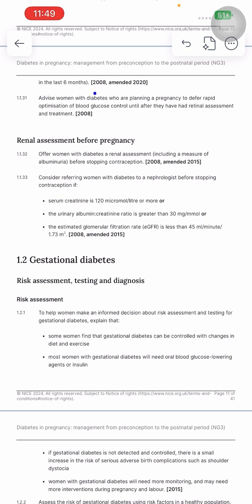If the patient had one less than 6 months ago, no need, and if more than 6 months, then you have to do the retinal assessment again. And for renal assessment, serum creatinine should be less than 120 micromole per liter, albumin creatinine ratio less than 30. You have to memorize this. This is one of the SBAs.